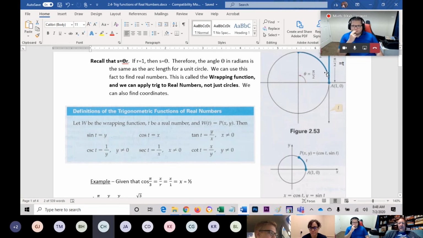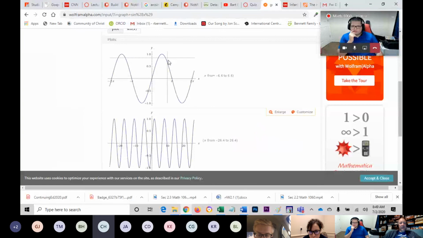If my theta is pi/6, then this is going to be 1/2, square root of 3 over 2. If we plot all of these single points here, pi/3, pi/4, pi/6, etc., that's going to give us this sine wave.